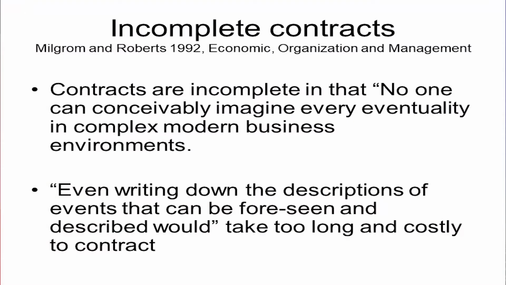The problem is, contracts can never cover every foreseeable problem. Contracts are always incomplete in that no one can conceivably imagine every eventuality in complex modern business environments. Even writing down the descriptions of events that can be foreseen and described would take too long or be too costly to contract.